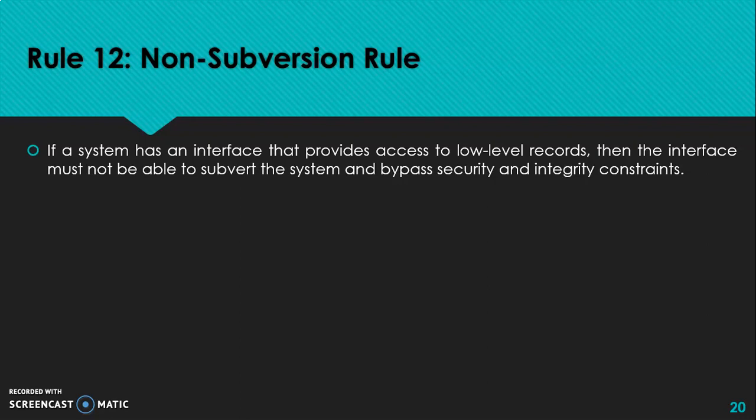Which means, if there is an interface that allows you to directly access the lower level records, it must not bypass the security and integrity constraint. So this is rule number 12, that is the non-subversion rule.